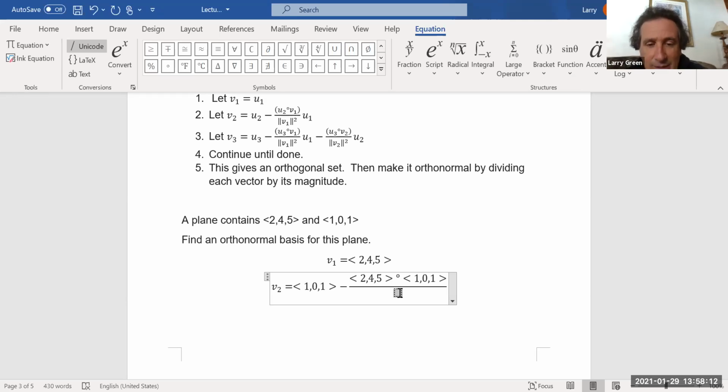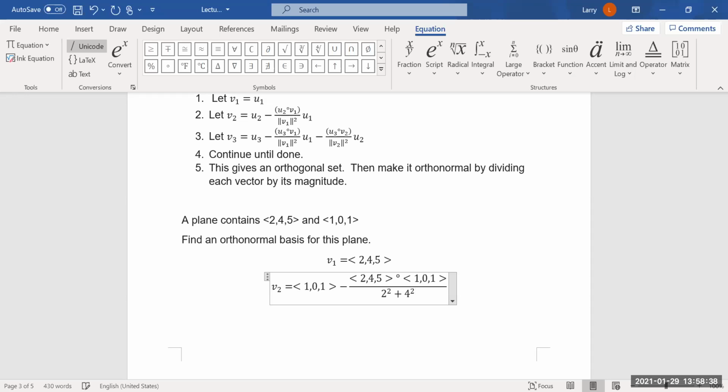So how do you get the magnitude of V1? It's the square root of 2 squared plus 4 squared plus 5 squared. And we're squaring it, so you don't have to worry about the square root. I'll write it out so you see what's going on: 2 squared plus 4 squared plus 5 squared.